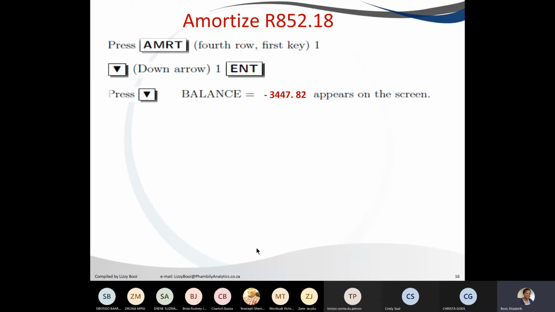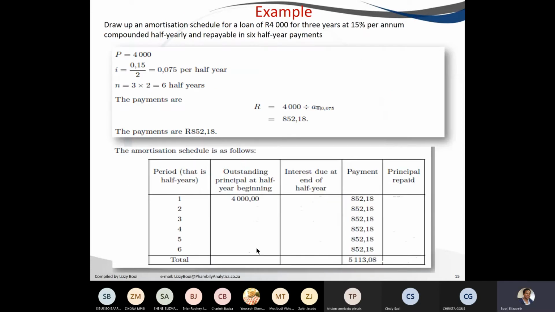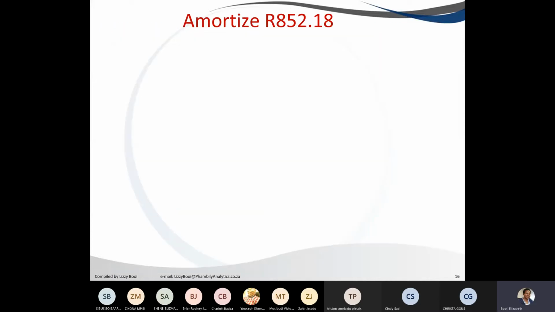So from the table you have your outstanding principal, the closing balance after payment number 1, because you told it 1. When we were amortizing, we are doing the first payment.